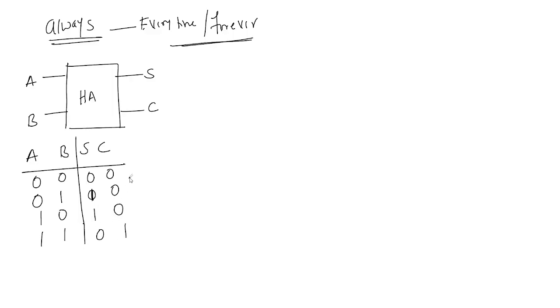So for this I want to write the code using behavioral modeling. How to write? Module, what is my module name? You can use ha. I need to declare input a comma b, and output should be which data type when I am using behavioral modeling? Can anyone say?